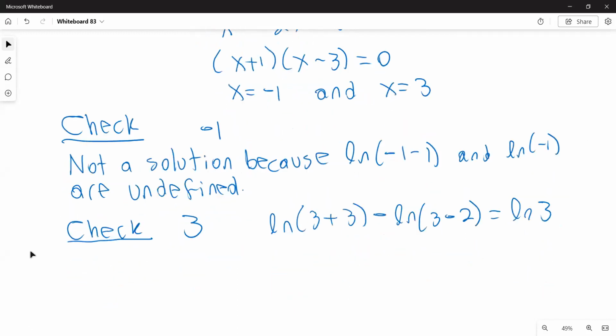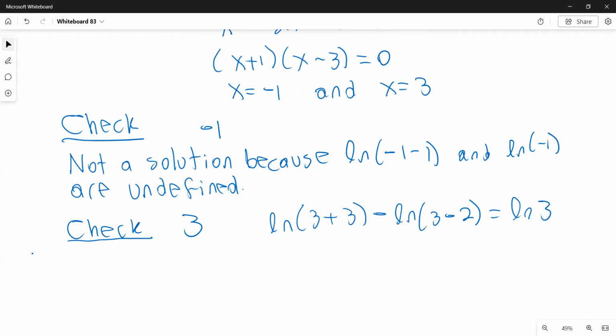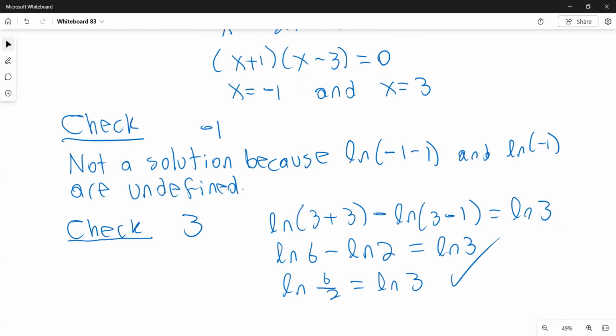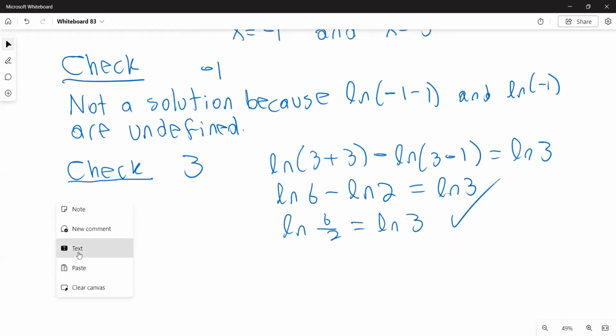This is the natural logarithm of 6 minus the natural logarithm of 2 is natural logarithm of 3. And a quick check will verify that this is indeed a solution. This is also the same as the natural logarithm of 6 over 2 equals the natural logarithm of 3. So that one is correct. And the solution set of that equation is 3.